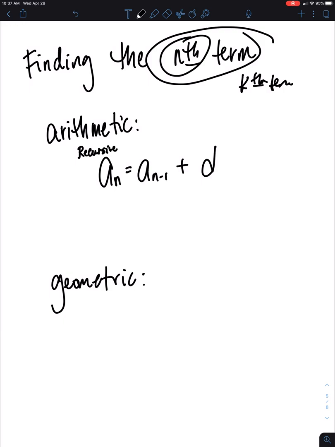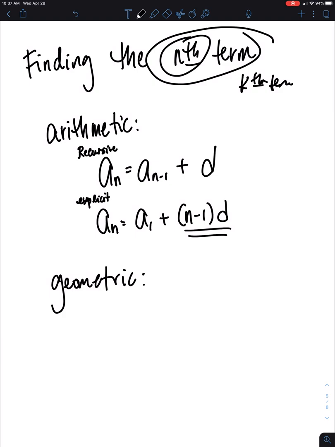And then for explicit, it's going to be a sub n equals a sub 1 plus n minus 1 times d. Now remember, we used that on that last problem we did in the example before.